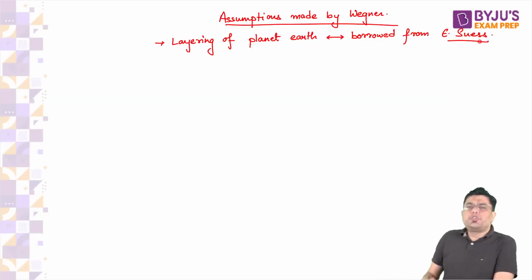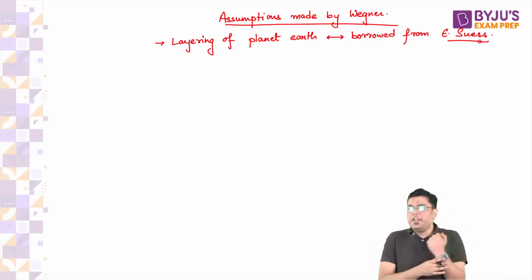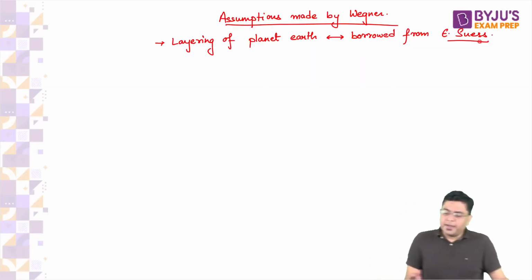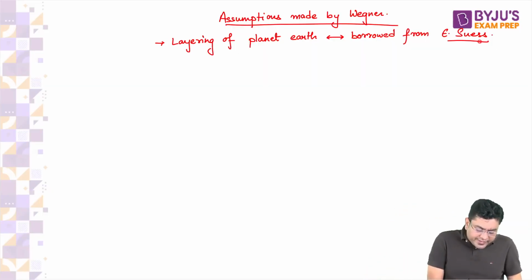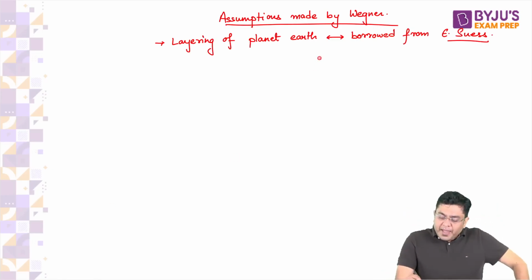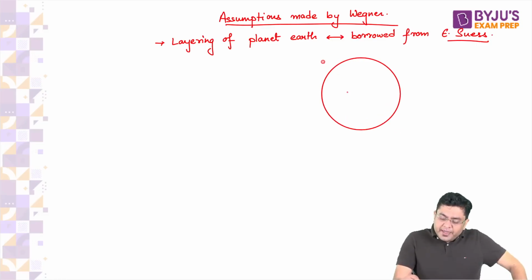He was an Austrian geologist. So, German climatologist, a neighboring region, Austrian geologist, he trusted him and he borrowed his idea. Now, what is the idea about the interior that Edward Suess had said? Edward Suess had basically said that look, the entirety of the planet is basically divided into three very distinct and uniform layers.